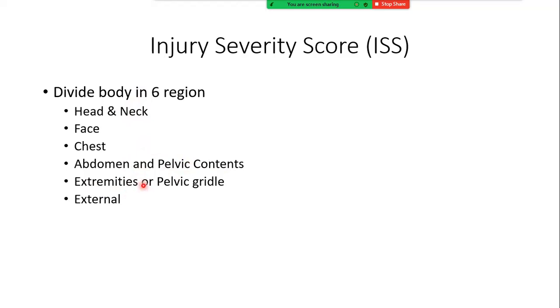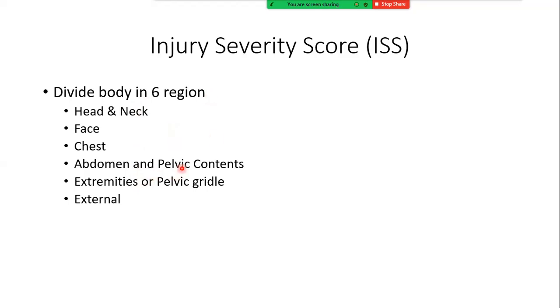For extremity, the score is 2. So you do 4 square plus 3 square plus 2 square, so it will be 16 plus 9 plus 4. 16 plus 9 is 25, plus 4 is 29. So for that particular patient, the score will be 29.